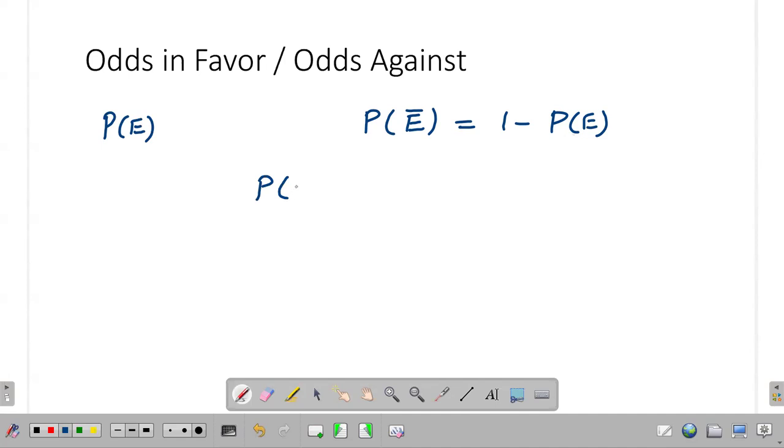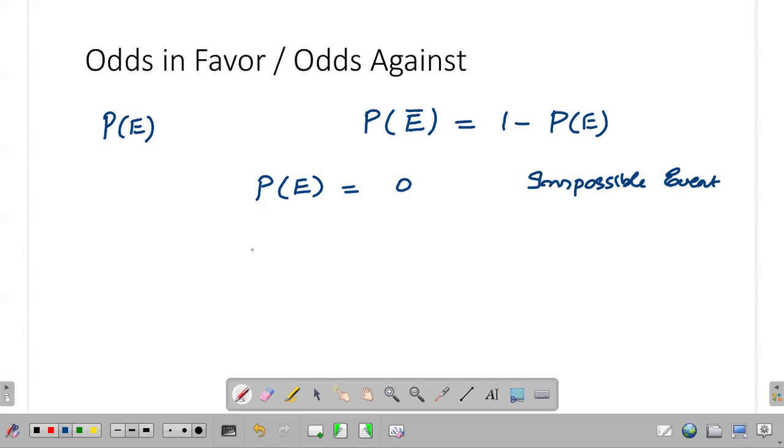The probability for an impossible event is 0. So this is the case associated with an impossible event. For example, when I am rolling a dice, what is the probability that I end up seeing the letter A? It's an impossible event, so P of E will be 0 in that case.